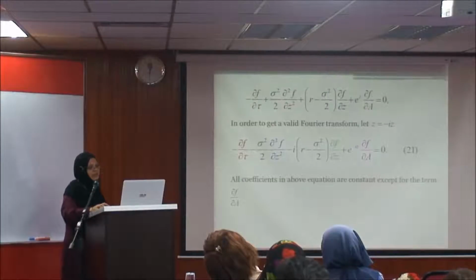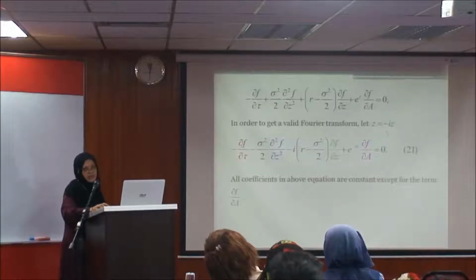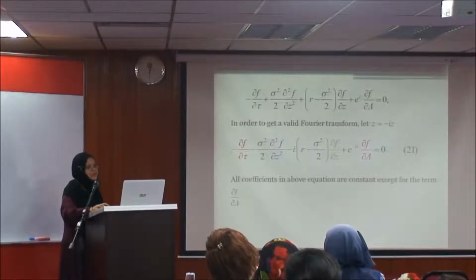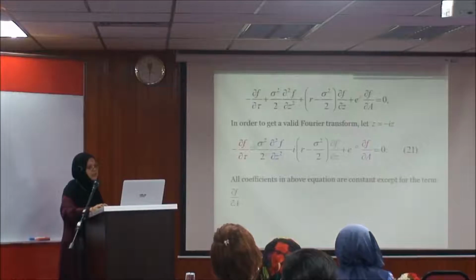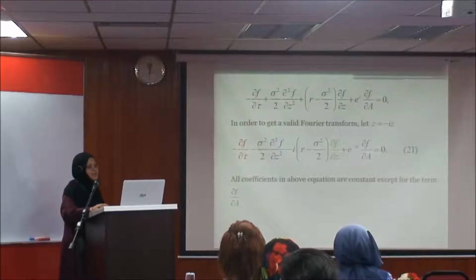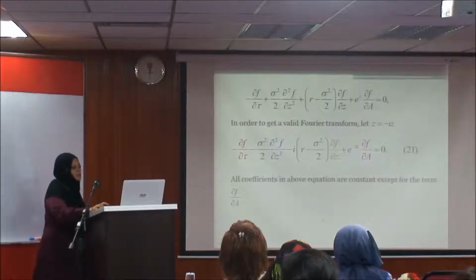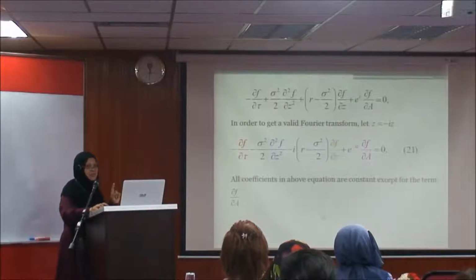In order to get the valid Fourier transform, I'm taking z as negative iz, alright? So this particular equation now has been changed, you can see the difference here and also here. This is plus, this is minus, right? Because i squared is going to be minus 1.